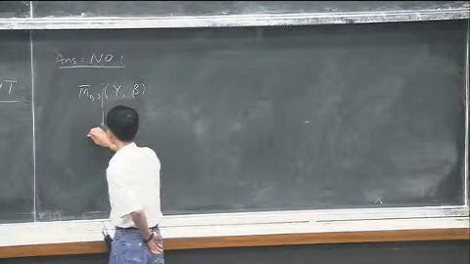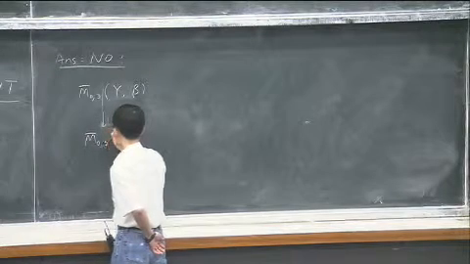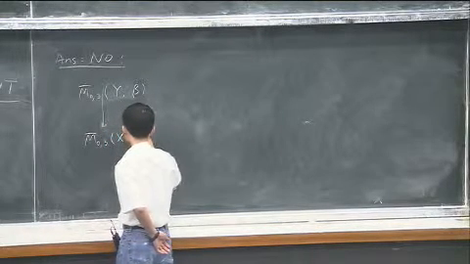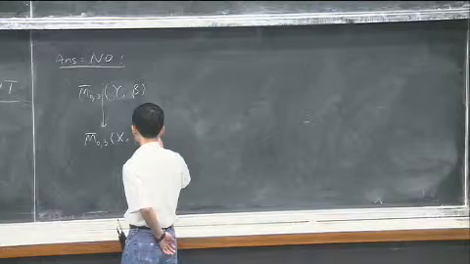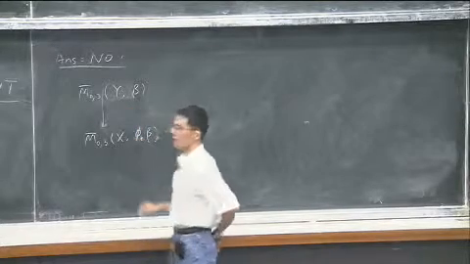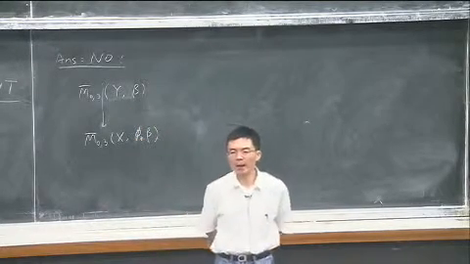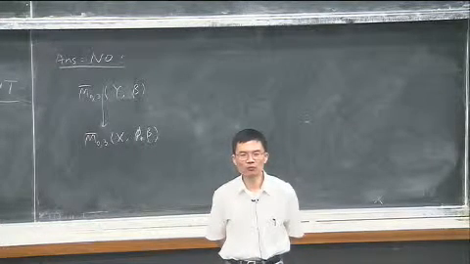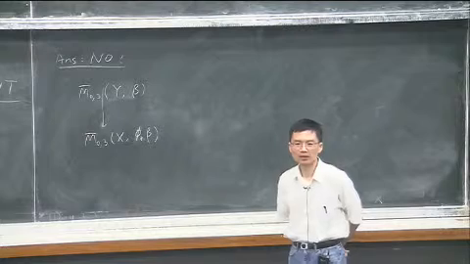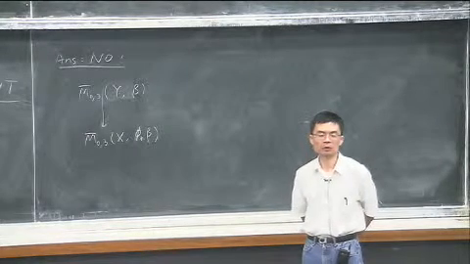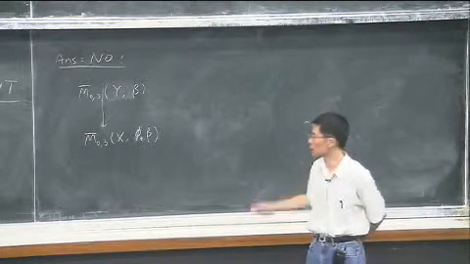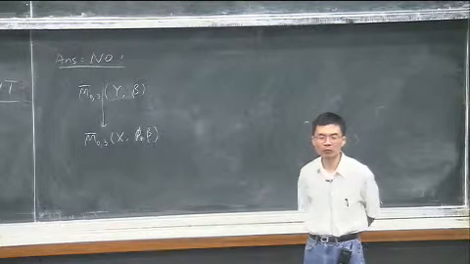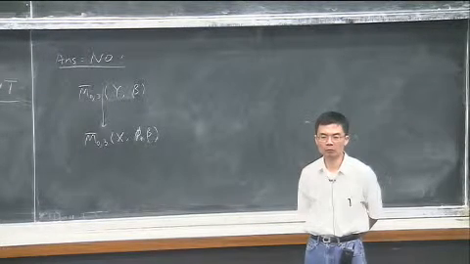This certainly maps to M bar 0,3 of X. By functoriality of our maps, this certainly works, right? It obviously works for every map, and then by functoriality, for families it also works. So the moduli stack will map to that moduli stack, no problem.